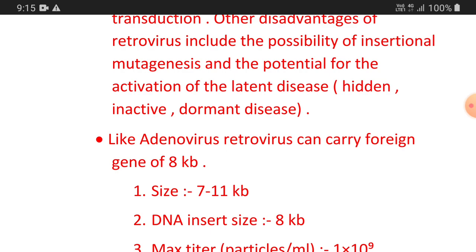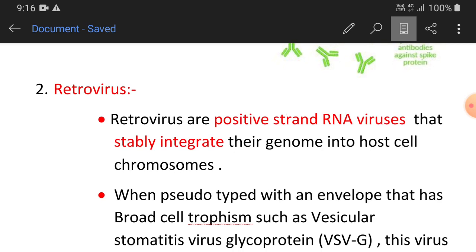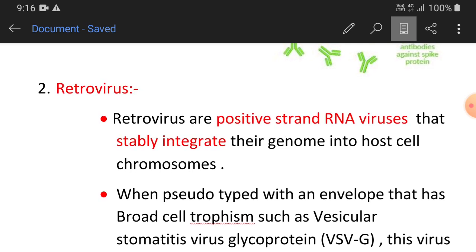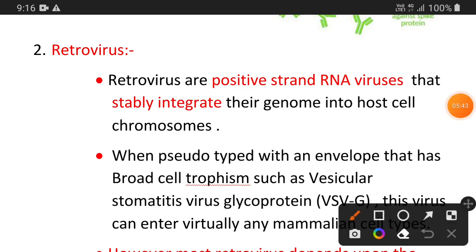So we have learned that retrovirus is a positive sense RNA virus that can stably integrate its genome into the host chromosome. That means it can stably express the transgene. The retrovirus we are discussing is a specific virus, so it can target only specific cells.